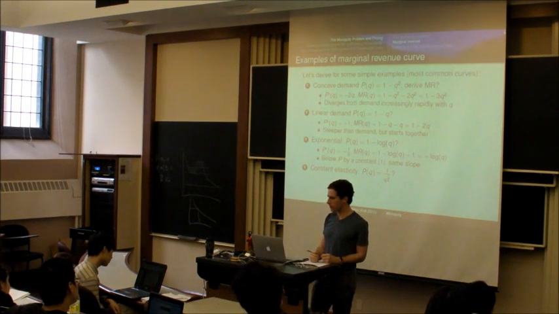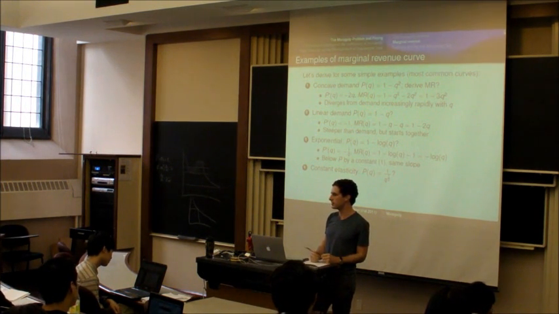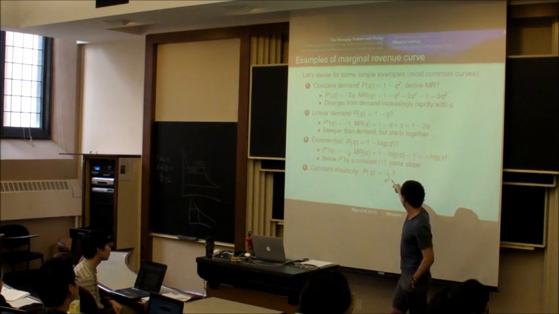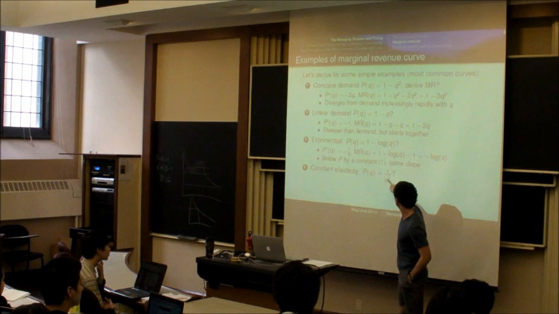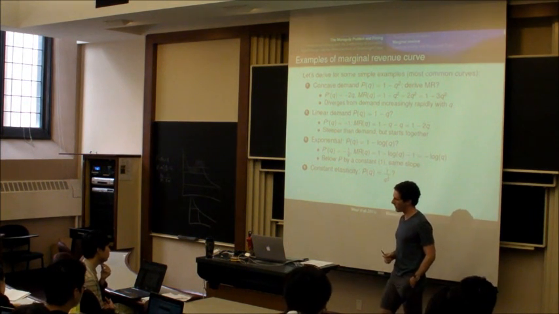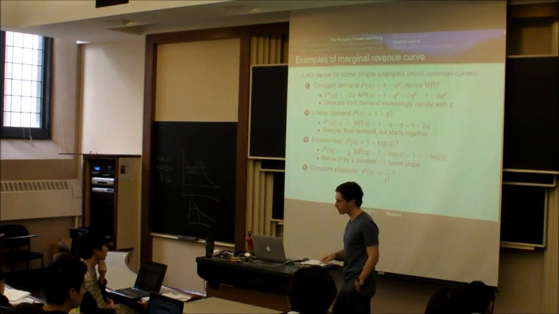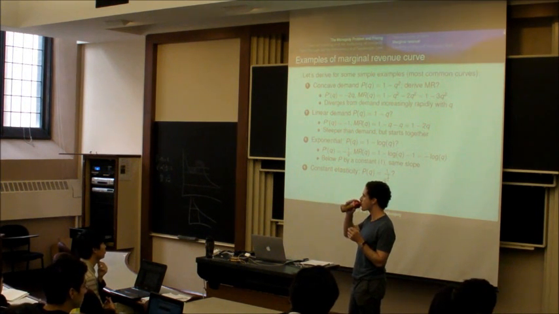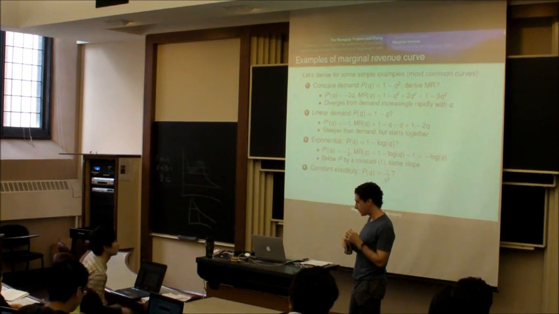How about for this constant elasticity, David? Can you derive for this constant elasticity demand, 1 over Q to the 1/2, what the marginal revenue curve is? So I take the derivative of Q. Yep.